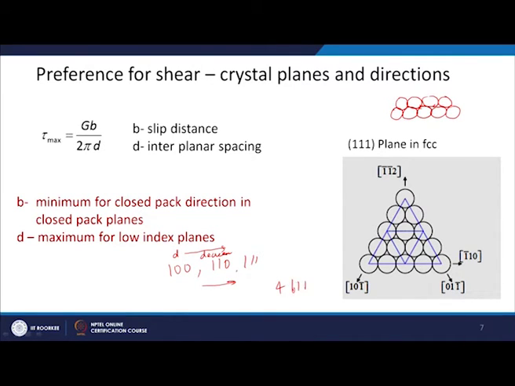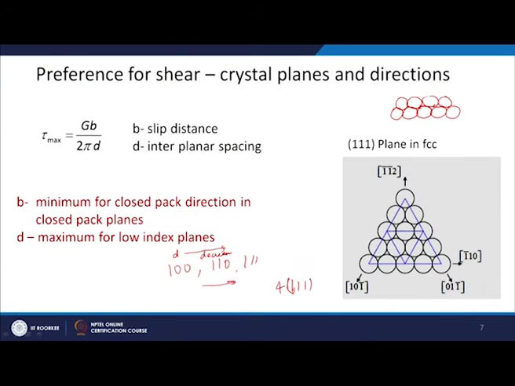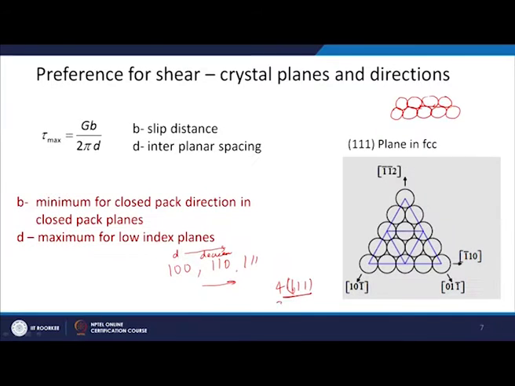When we were discussing indexing of planes and directions, we discussed that you will get 4 of these 111 planes, and in each 111 plane you will have 3 110 type directions. So in combination, if you look at the slip systems, there will be 12 slip systems.